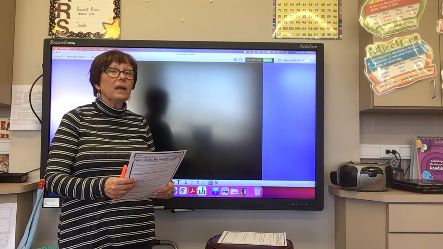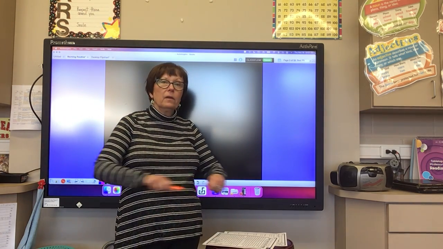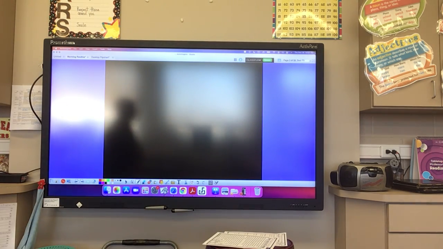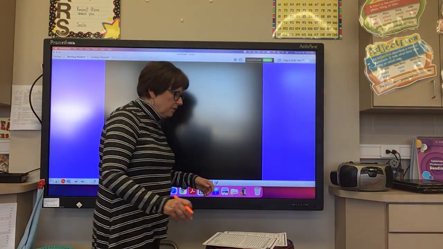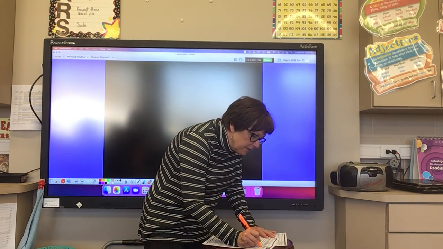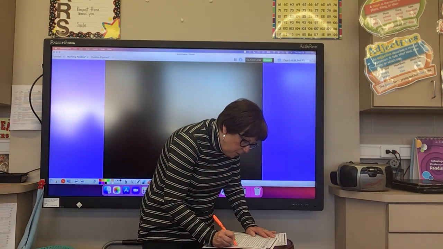You know what would be a good idea? For you to highlight that. Every time you see a date, highlight it in here. Use your highlighter to highlight. If you need a highlighter, come get it. So let's highlight all those important dates. So we have our dates highlighted that have to do with Henry Ford.